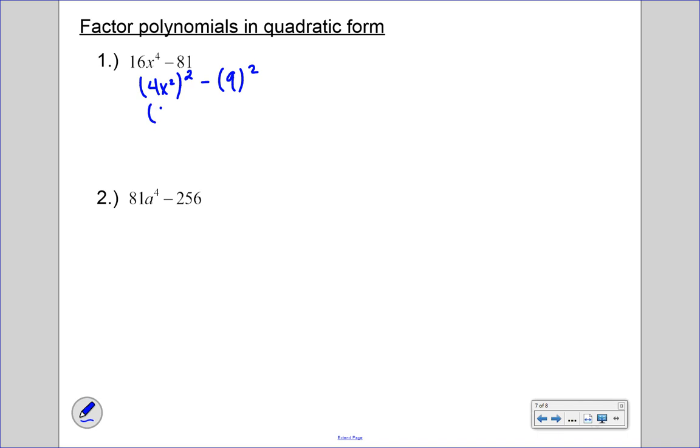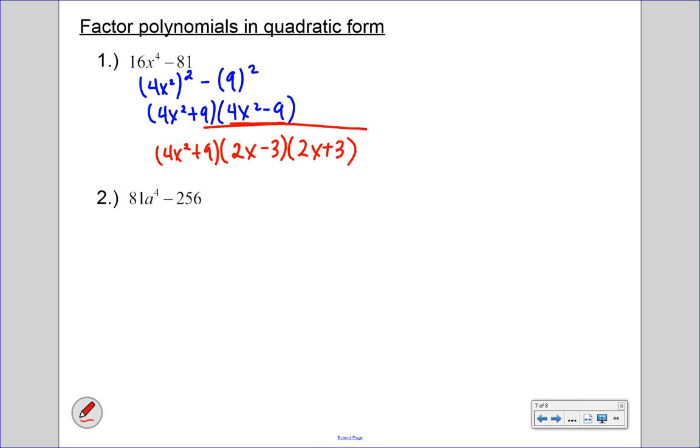So this would be 4x squared plus 9 and 4x squared minus 9. Once we do that, we have to see if we have any other difference of two squares. This last one is a difference of two squares, so we can factor this again. Bring down your 4x squared plus 9, and this one becomes 2x minus 3 and 2x plus 3.